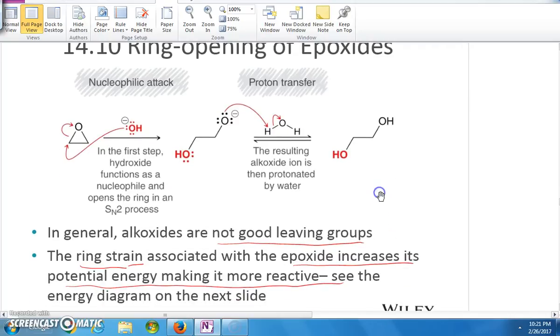Now, in general, we know that alkoxides are not good leaving groups, okay? But because of the significant strain that is associated with the epoxide, upon attack of the nucleophile, the epoxide ring could easily open.